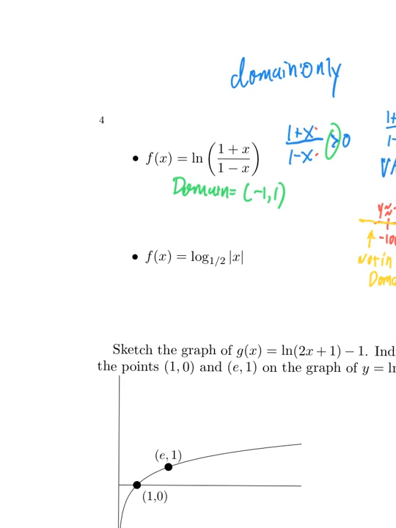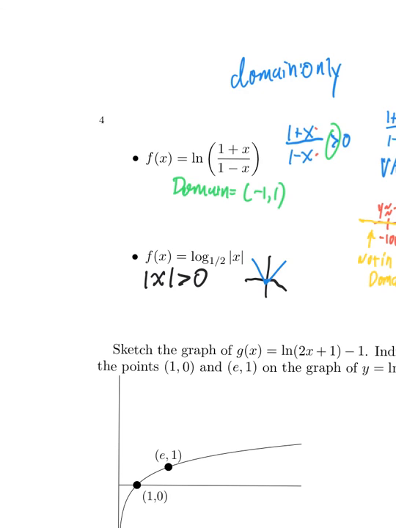Let's try to find the domain of the log base 1/2 of absolute x. Well, let's try to do it. It looks like then I need to figure out when is absolute x strictly bigger than 0. But remember the absolute value function. I can even just look at a graph to see this. There's the graph of the absolute value function. You'll have to excuse that really bad axis.